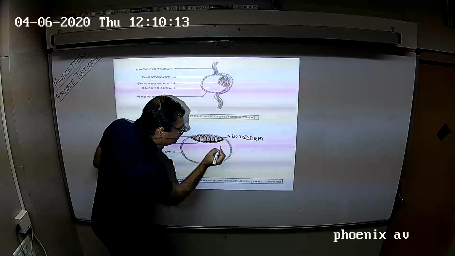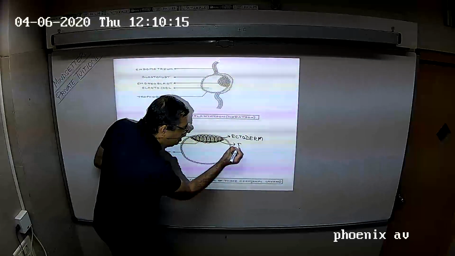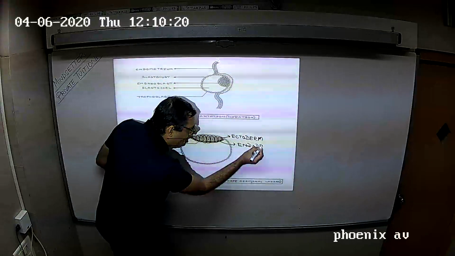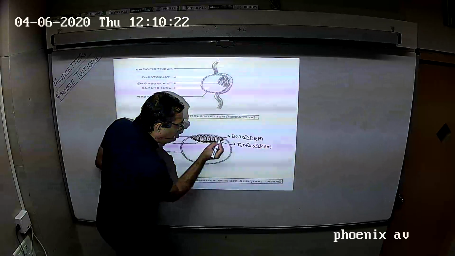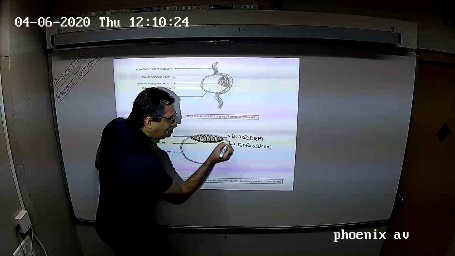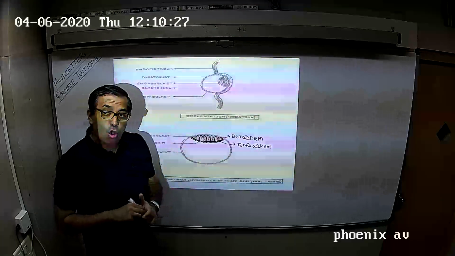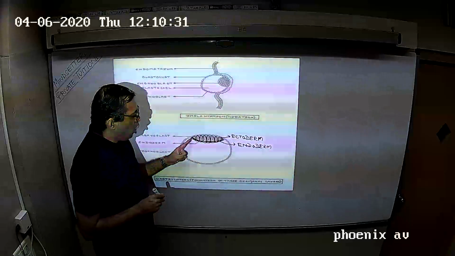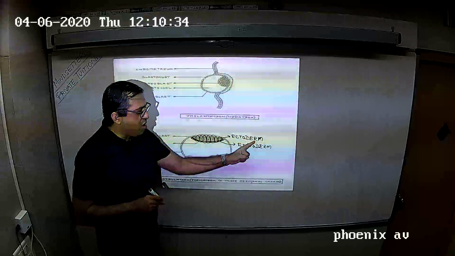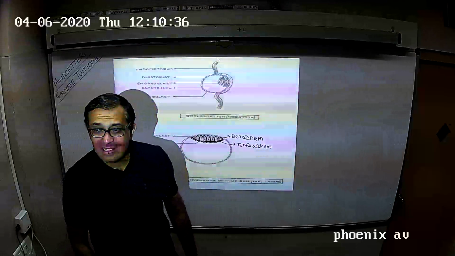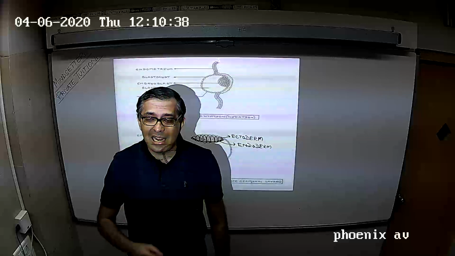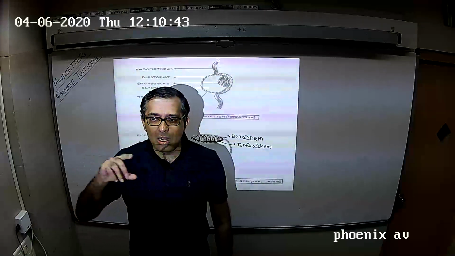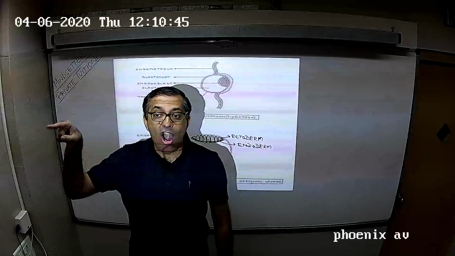So the entire embryoblast has become flat cells which are called endoderm, and above them tall columnar cells which are called the ectoderm. So this is the lowermost layer called endoderm, tall columnar cells called ectoderm, and thus the entire embryoblast has become two layers, flattened cells called endoderm and columnar cells called ectoderm.